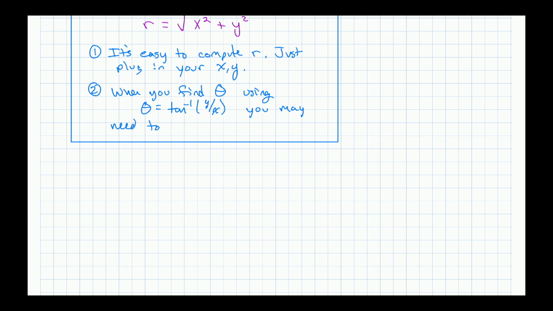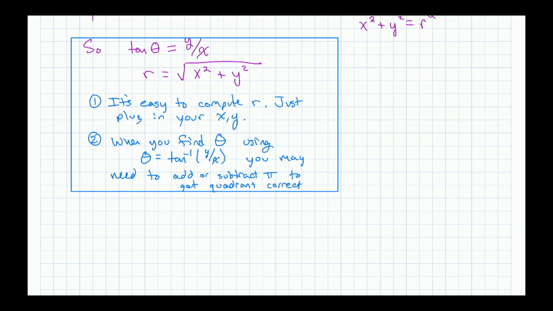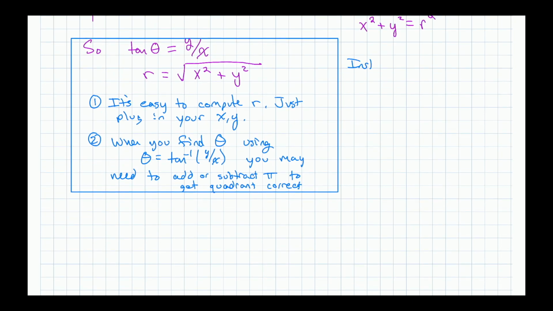I want to say that you just need to add or subtract pi in order to do that. Yeah, it is, to get the quadrant correct. All right, and this was instructions for rectangular to polar.